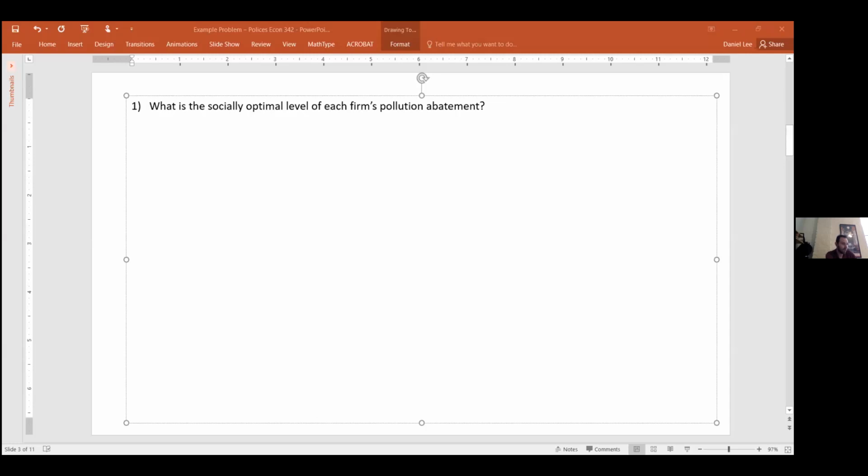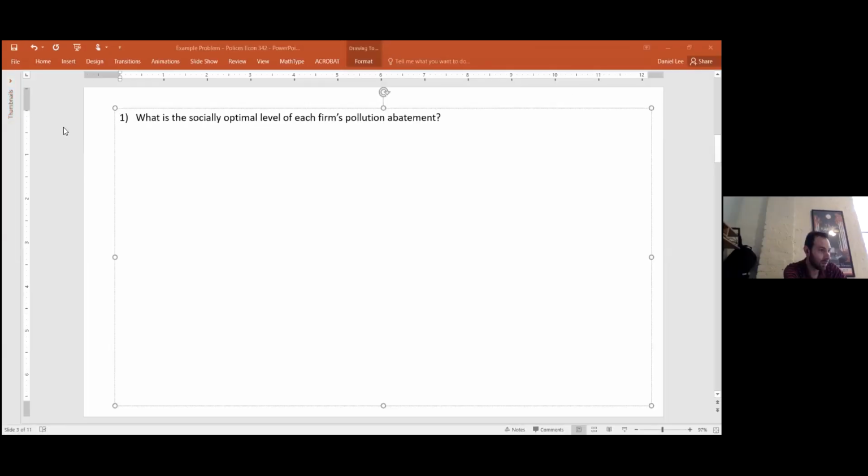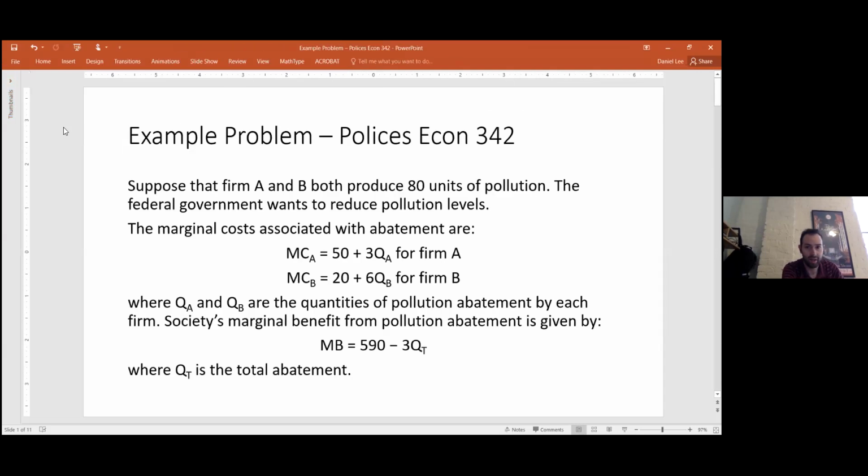All right, so what I'm going to do here is share my screen. So let's just start with this example problem. And all we're doing today is running through the 5 steps of this example problem. So I'll read it to all of us.